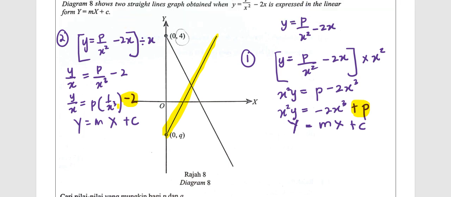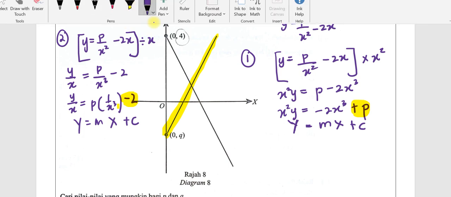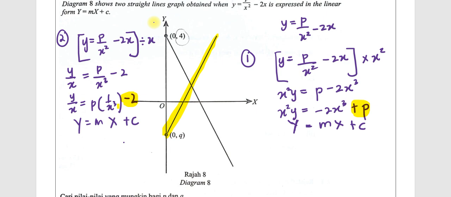Ini positif 4. Jadi, ini adalah line y over x equals to p times 1 over x cube minus 2. Jadi, q adalah negatif 2.